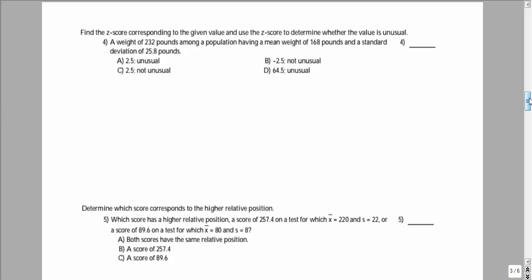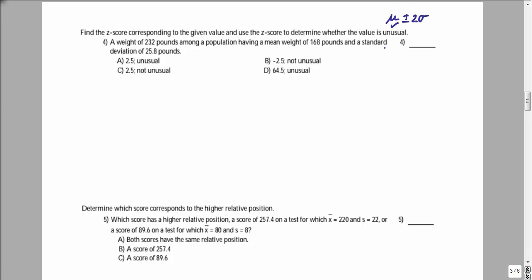Okay, our next one is also finding z-scores, and we want to figure out whether the value is unusual. Now when we talk about unusual, that means it's plus or minus 2 times the standard deviation, either sigma or S. So when we're talking about this, we always have to start with that mean as well.